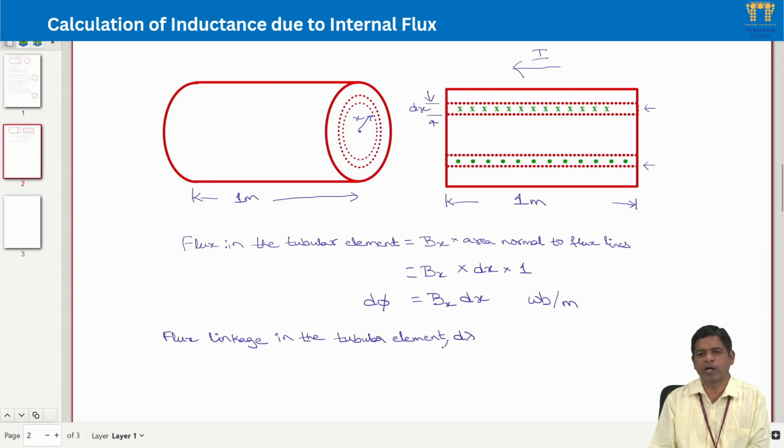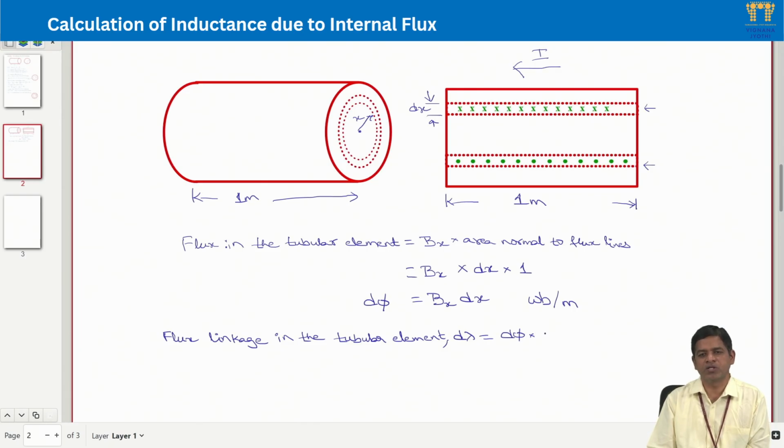So I am using d lambda to represent the flux linkage in the tubular element. So that will be equal to the flux in the tubular element multiplied by the fraction of current which is linked by this flux d phi.